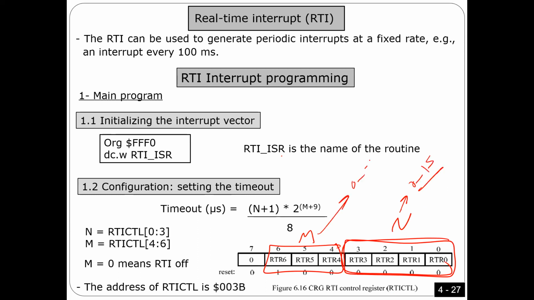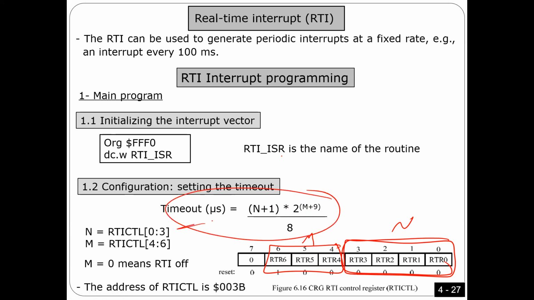M can take a value from 0 to 7. Okay. So these 4 bits are N, these 3 bits are M, right? And the formula is the timeout equals (N plus 1) times 2 to the power (M plus 9) divided by 8.